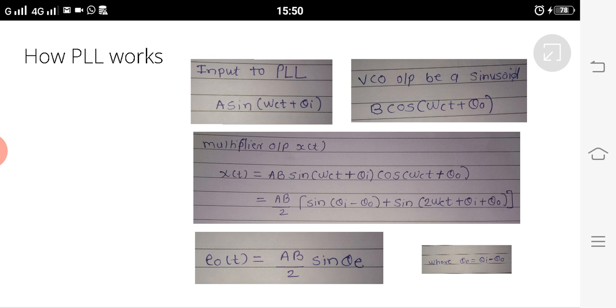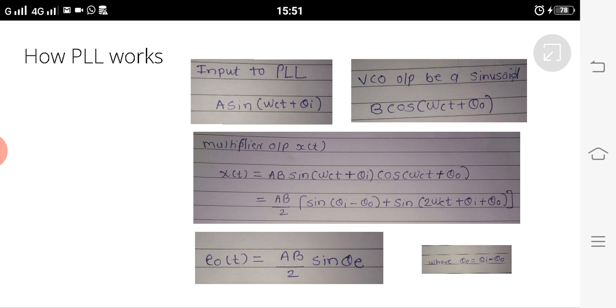Again, in this equation, the last term on the right hand side, being a high frequency signal, is suppressed by the loop filter H of S, which is a low pass narrowband filter.